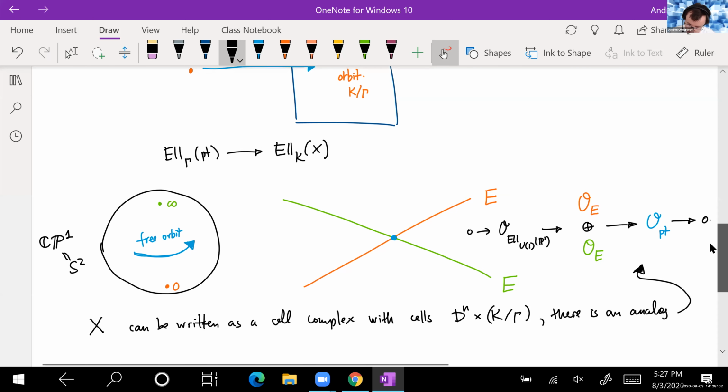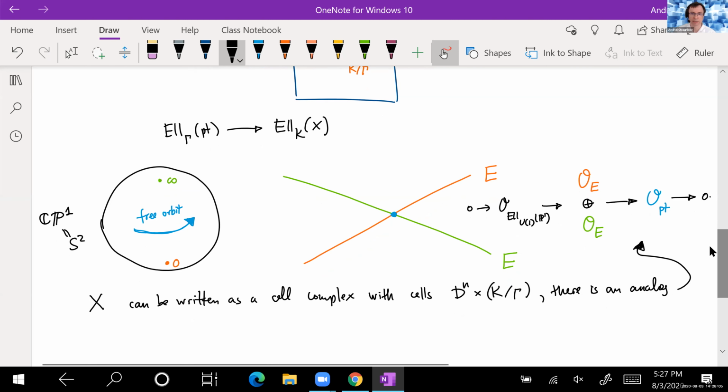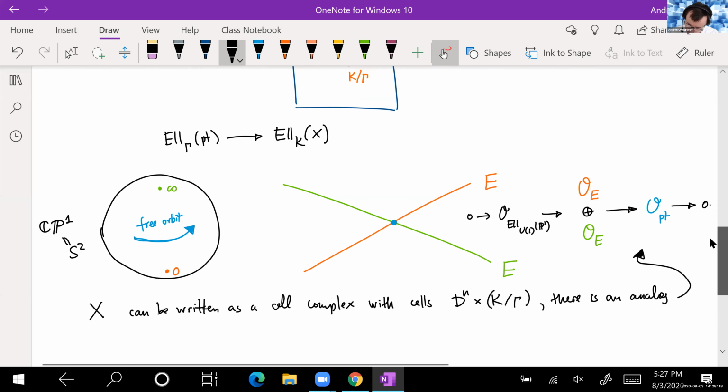There's some complex in which your functions on elliptic homology sit, built in pieces out of that. And I stress the fact that what is big becomes small, what is small becomes big. So that's one approach.